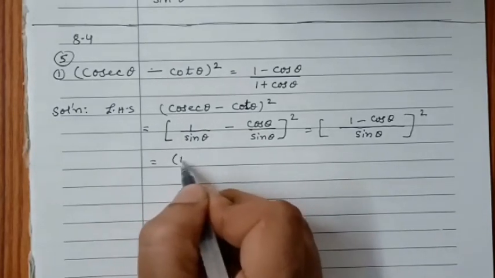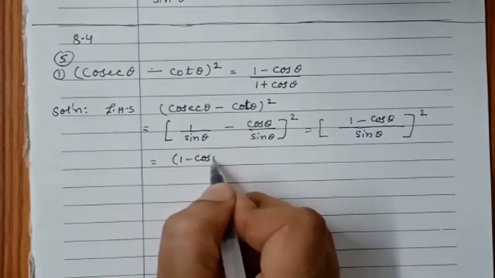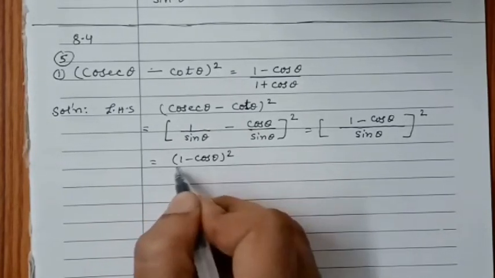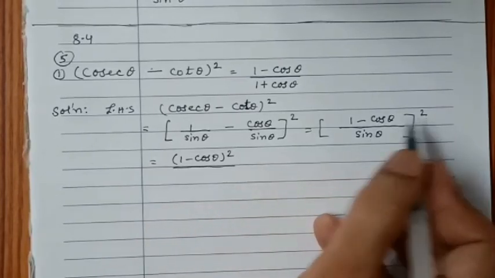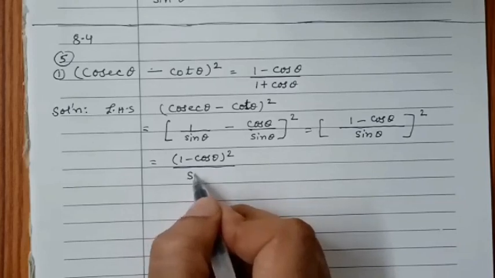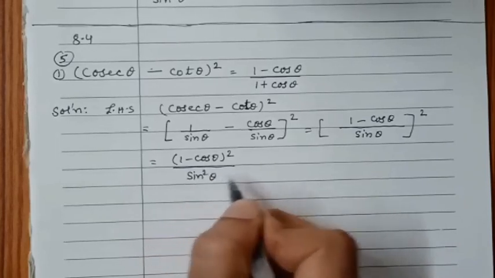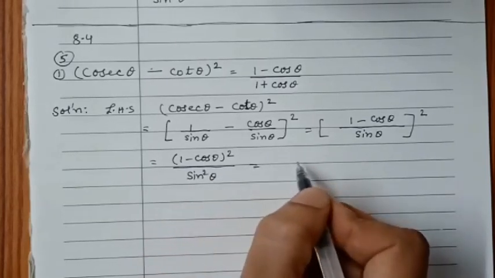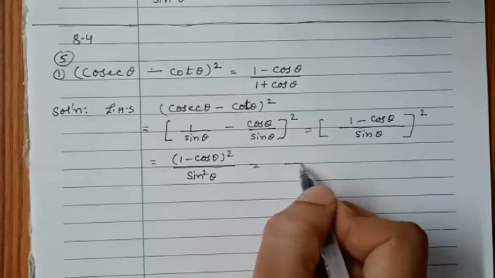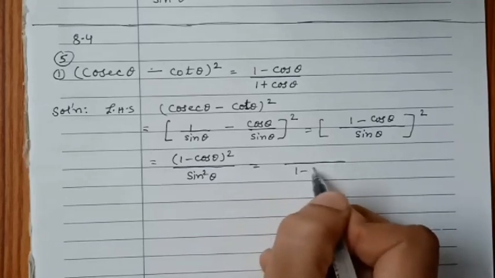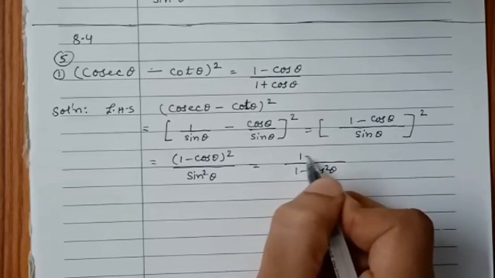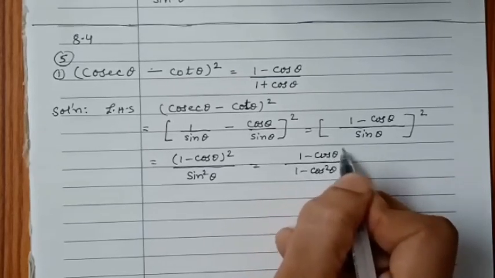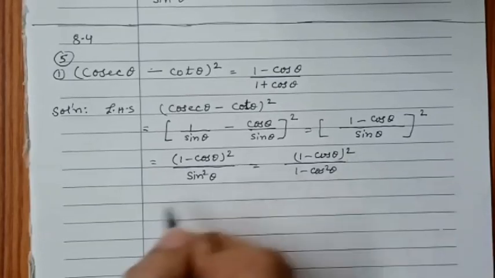Numerator I am keeping as it is, whole square, and down sin theta square is there, so I can write sin square theta. What is sin square theta? It is 1 minus cos square theta. Okay, and here 1 minus cos theta whole square.